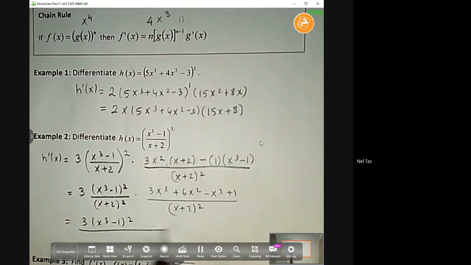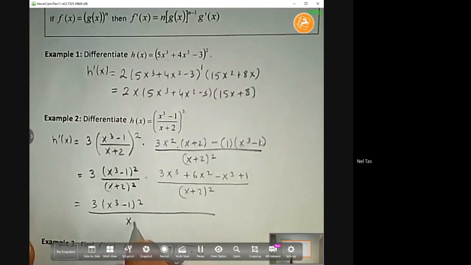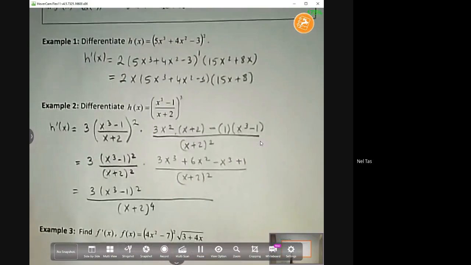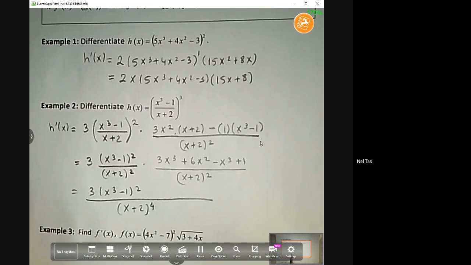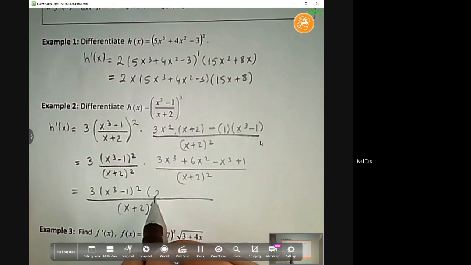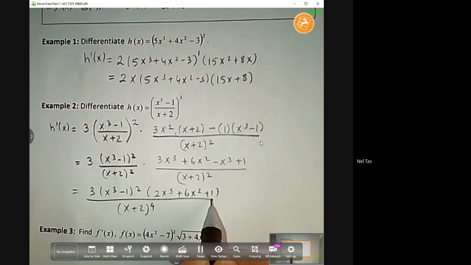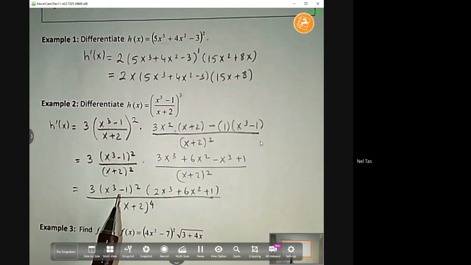Now for the denominator, we have x plus 2 squared here and x plus 2 squared there. If we multiply them, we add the exponents: 2 plus 2 gives you x plus 2 to the power of 4. Now collect these: 2x cubed plus 6x squared plus 1. The x cubed minus 1 is also factorable, a difference of cubes.